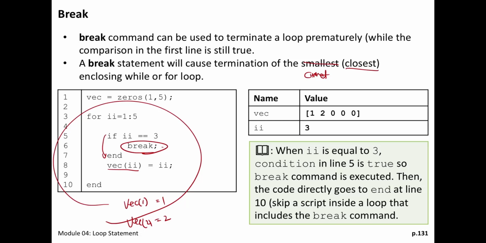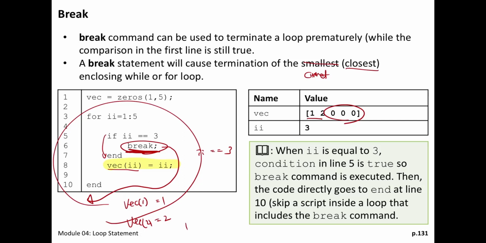The break command brings you outside the loop. So what does the vector look like? 1, 2, 0, 0. We are not executing the code after the break command, so we are not executing this when ii is equal to 3.